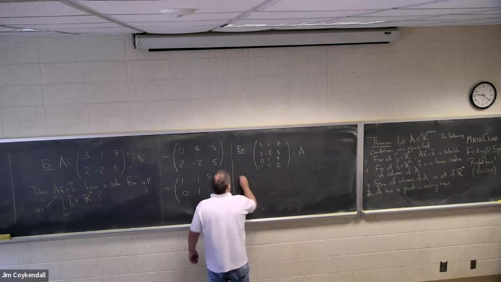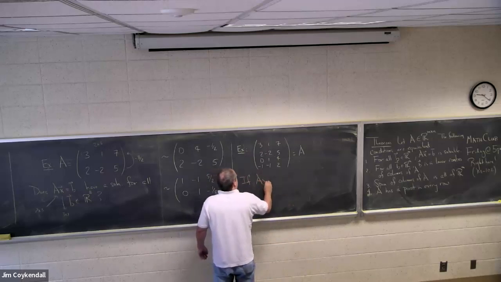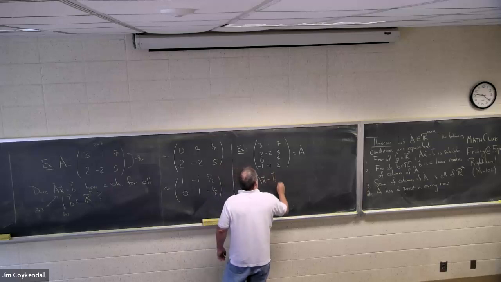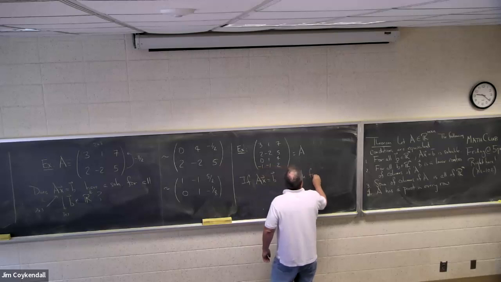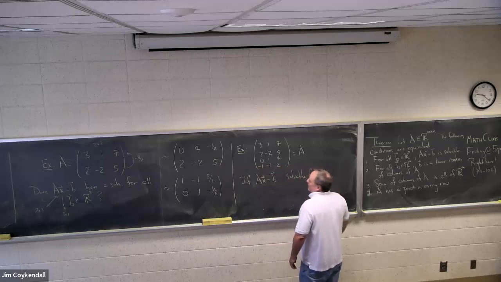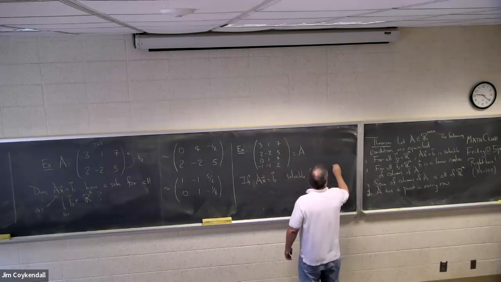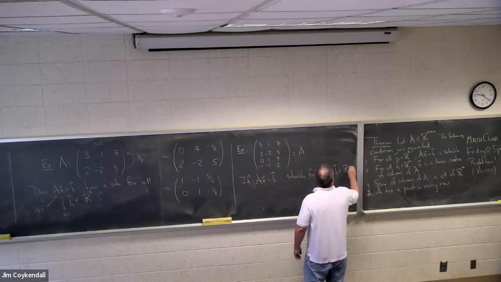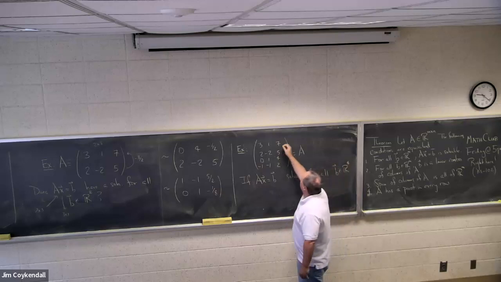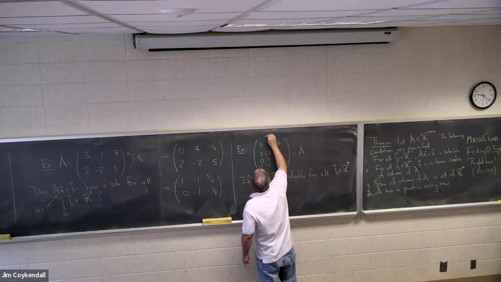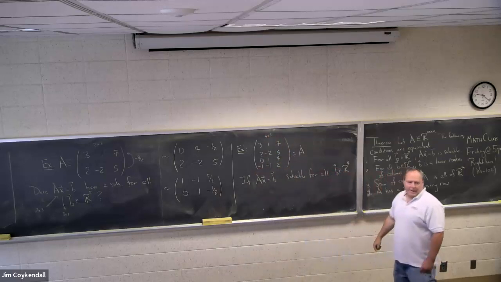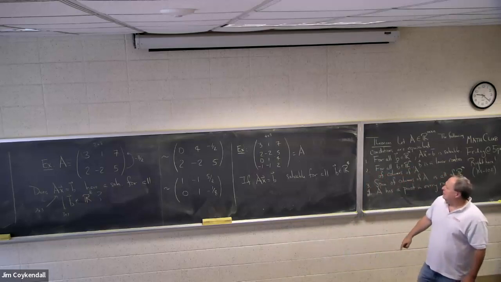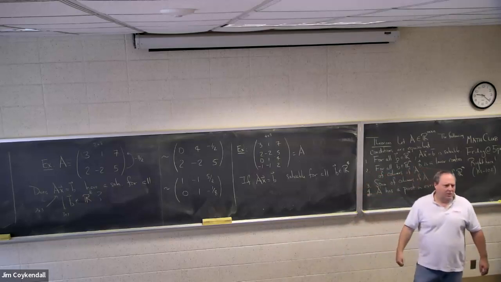Is Ax = b solvable for all b? This is a 4 by 3 matrix. So again, I'd have to multiply by a 3 by 1 vector and I'll get a 4 by 1. Is this solvable for all b?